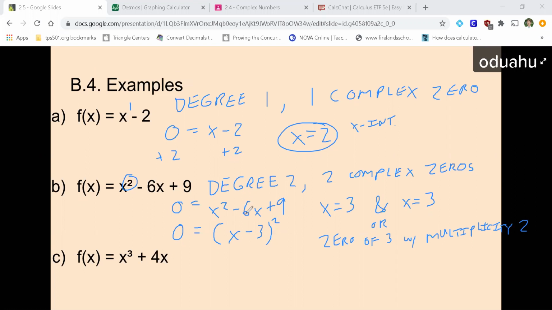Which reaffirms what we learned a few weeks ago, that this power here tells us the multiplicity of this zero. And both of these zeros are x-intercepts. So this has one x-intercept, x equals 3. Degree 2, two complex zeros. It has one x-intercept. Or you could think it has an x-intercept with multiplicity 2. It has one unique x-intercept.